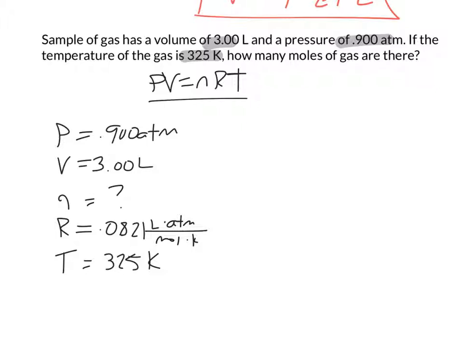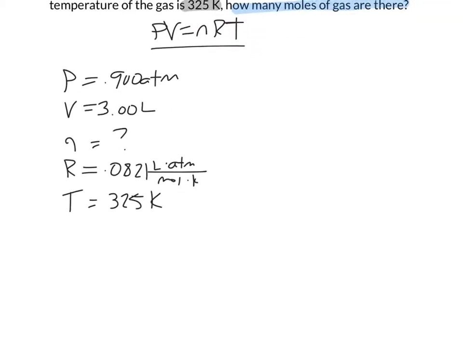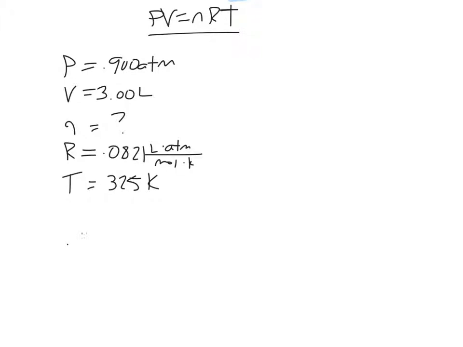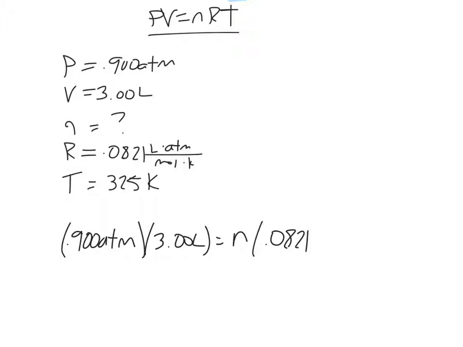To keep things consistent with my last example, I highlighted in blue how many moles of gas are there. Well, let's set up and solve for n. So we'll take 0.900 atm times 3.00 liters equals n, but I'm looking for that, times 0.0821 liters times atmospheres over moles times Kelvin, and finally 325 Kelvin.